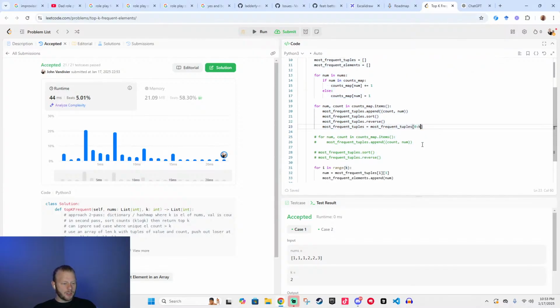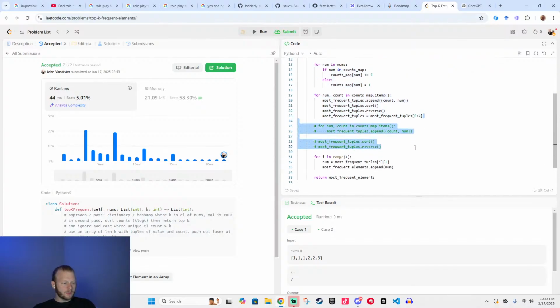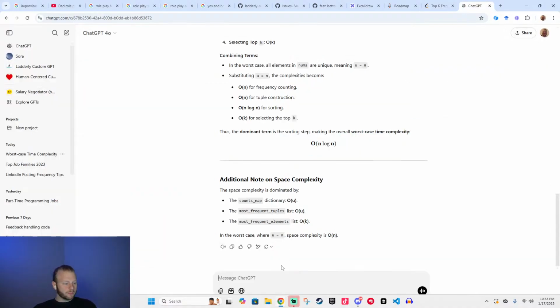Let me ask ChatGPT though. What about this approach where I slice k at each step in?